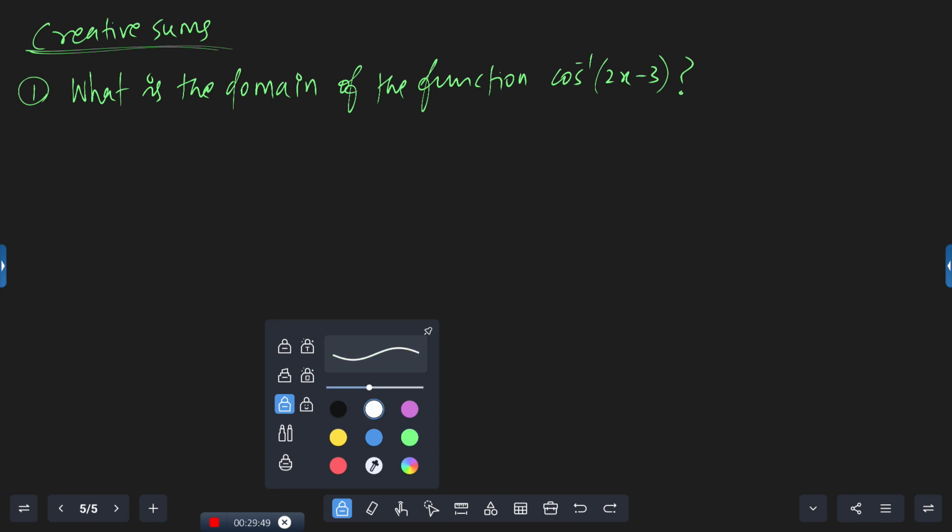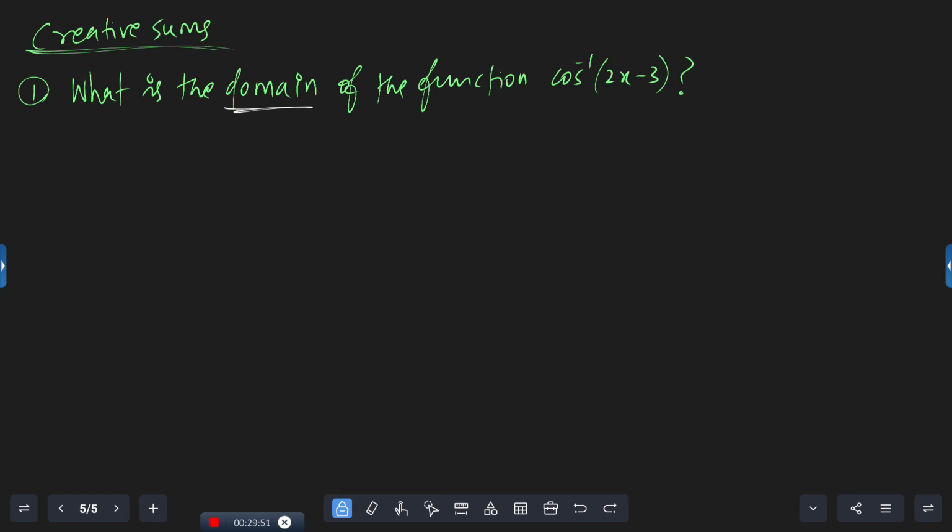Children, listen. So they are asking the domain. The given function is cos inverse. First you write, let f of x, I'm giving a name, f of x is equal to cos inverse of 2x minus 3, right? So they are asking the domain. Children, do you remember?